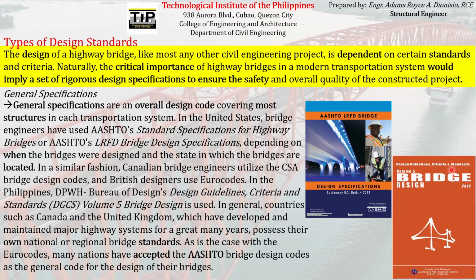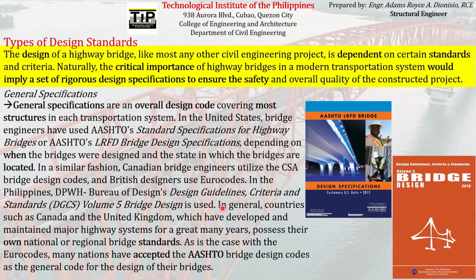The DGCS actually has 6 volumes, and the fifth volume is all about bridge design. So that is the volume of the DGCS that we will be constantly referring to whenever we design a bridge in the Philippines.